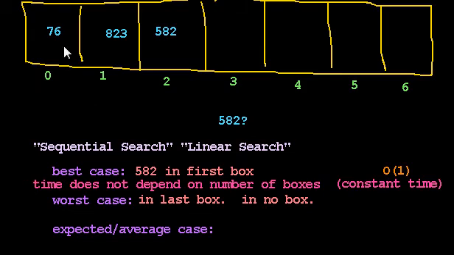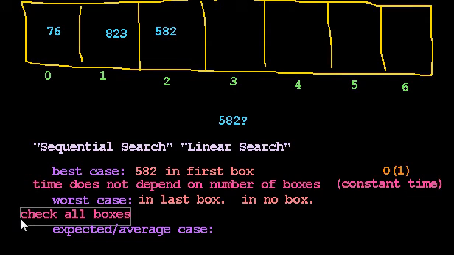We check every single box, and once we've tried them all, we frown and cry because 582 wasn't in any of those boxes. We really needed 582. It was very important to us. So the worst case scenario is that the time, we have to check all the boxes.